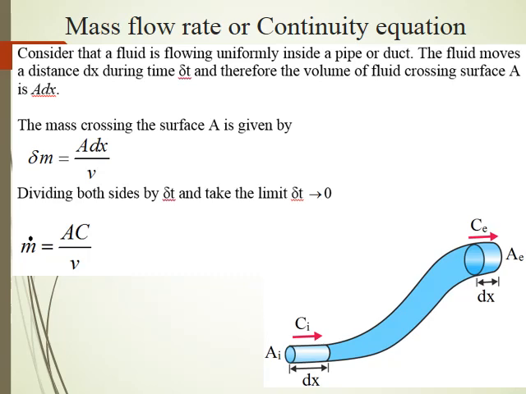On the left hand side we have the mass flow rate, and dx by dt, when delta t tends to 0, becomes velocity. So it is A into C upon v, where v is specific volume. So this is the final expression for our continuity equation, or mass flow rate in terms of local fluid properties.